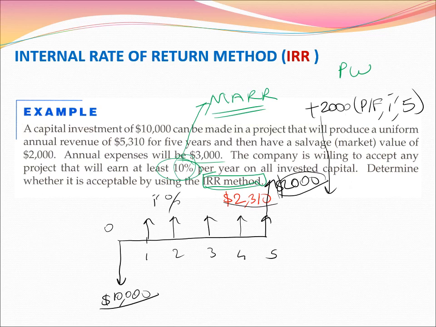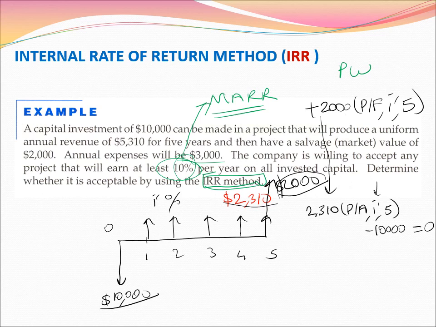Simply, you can use this formula: transform these annual payments to present time for 5 years, subtract the initial investment from this one, and make it equal to 0. And we need to solve for this i prime here. Now the question is how we can solve for this i prime.